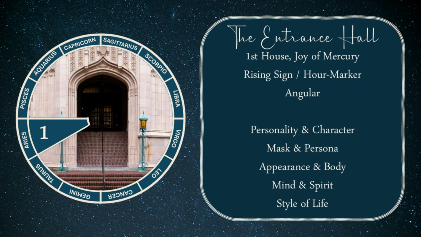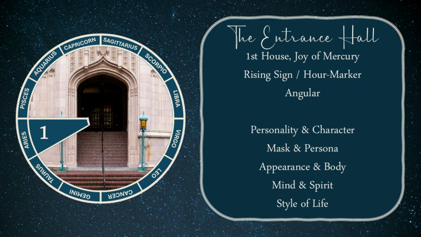In my stories, I chose to compare the houses to actual rooms or places in our world. The first house is the entrance hall, because this is what we first see of a person, similar to someone's persona, someone's mask.